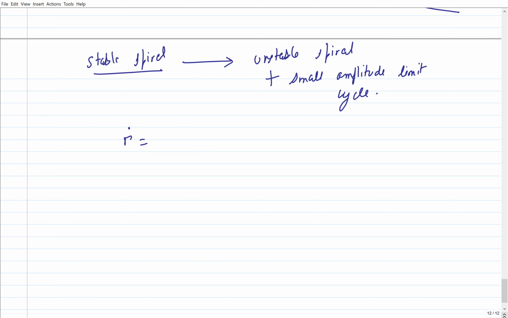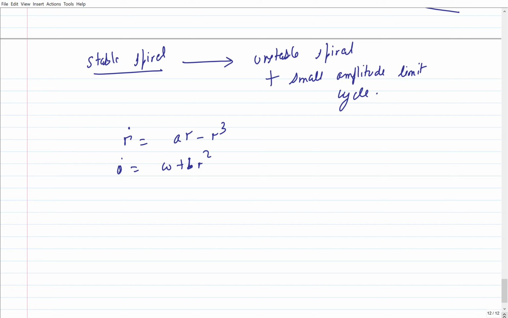So as an example, and this is what happens at the bifurcation, let us look at it. This is r dot equals ar minus r cubed, and theta dot equals omega plus b r squared.